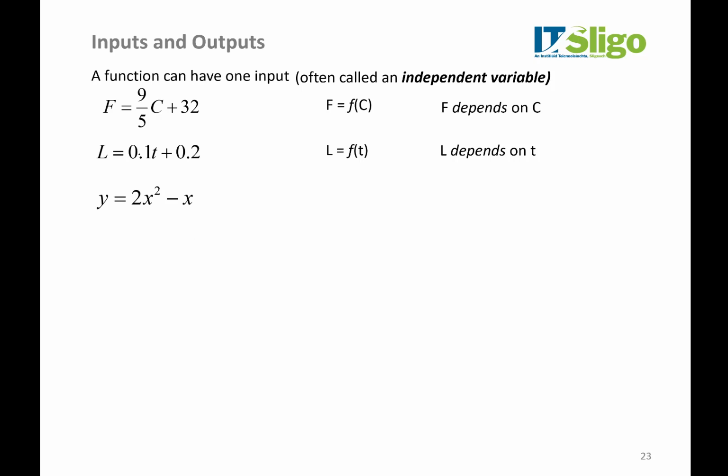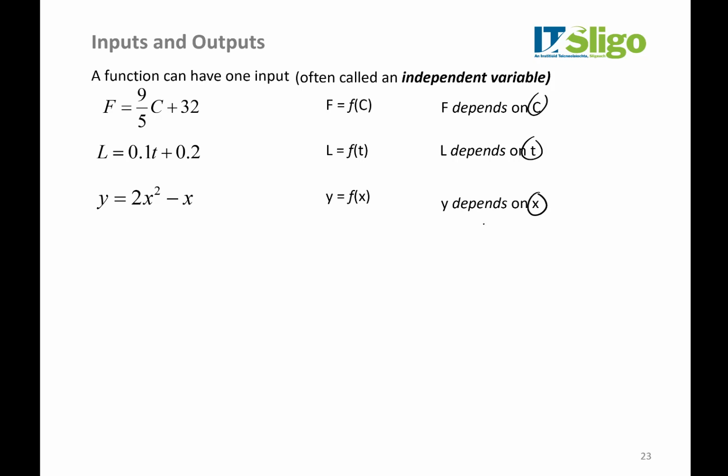Here we have a mathematical function. It's quadratic. There's only one input, x. I know x is appearing in a couple of different places, but there's still only one x to be put in. So we would now say y is a function of x, or y depends on x. So x, guys, these are the independent variables.